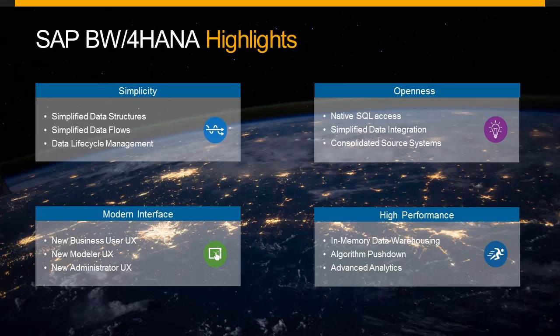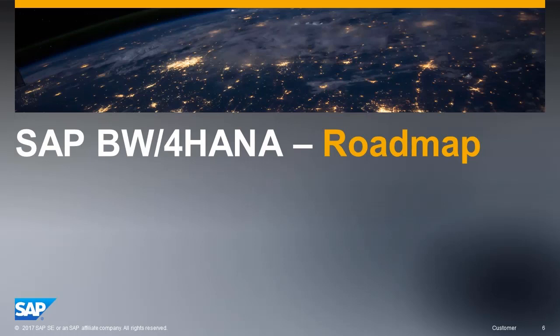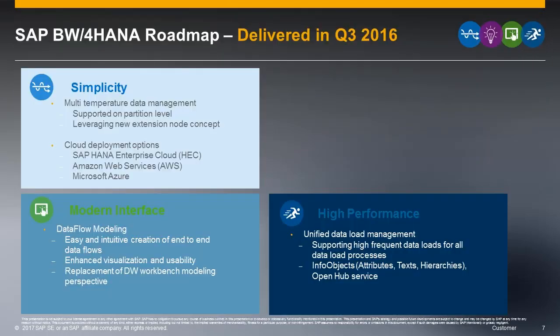Okay, so let's look at the roadmap. Beginning in the third quarter of last year, we delivered, again, 3 of the 4 themes that I mentioned earlier on: simplicity, modern UI, and high performance. From a simplicity perspective, the multiple temperature data management.